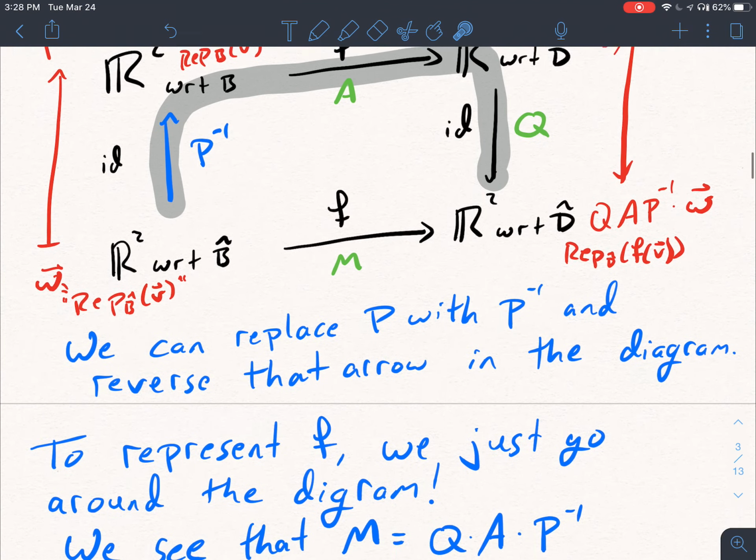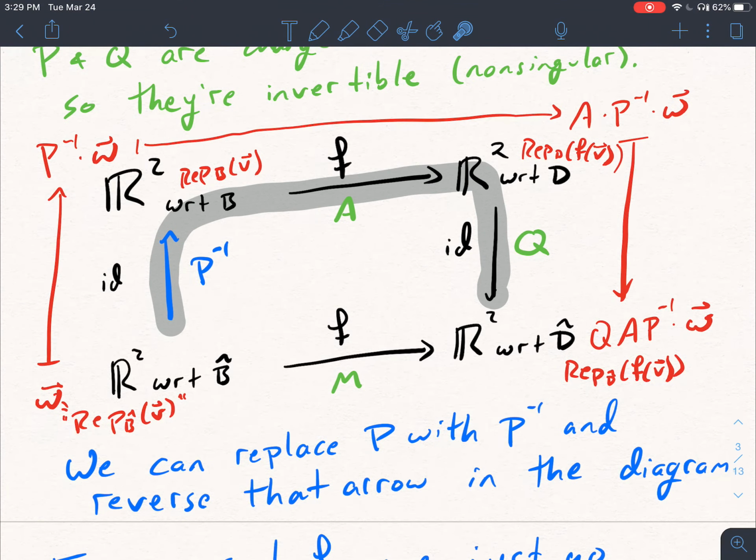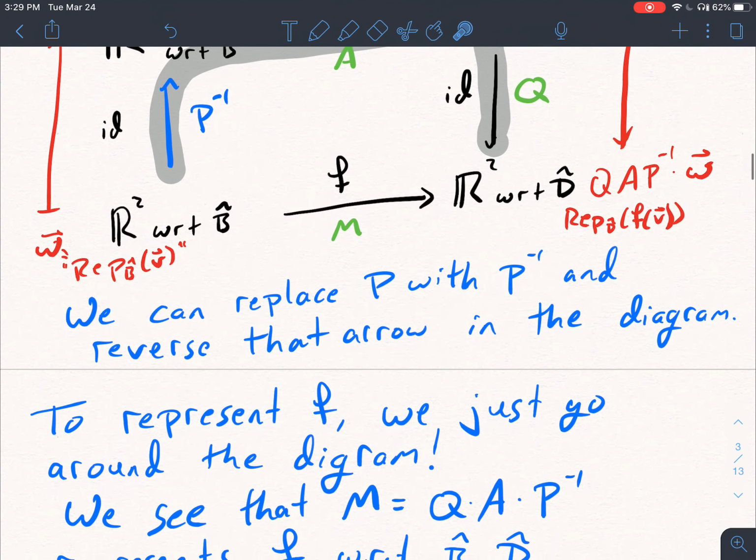Okay, I haven't been reading the stuff in blue. Maybe I should have been, but let's just go over what it's saying real quick. We can replace P with P inverse, and reverse that arrow in the diagram. That's what we said before.